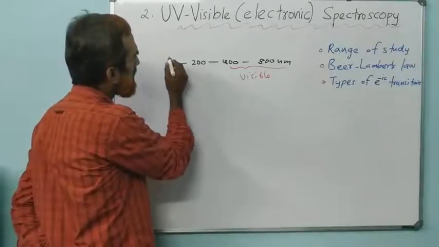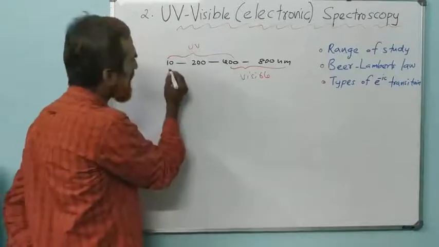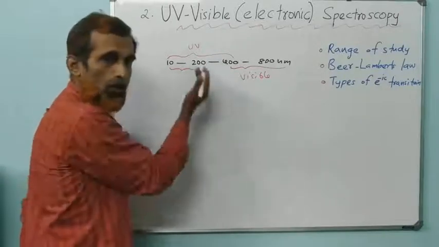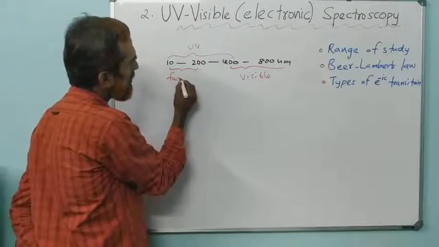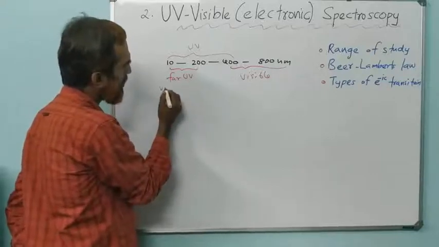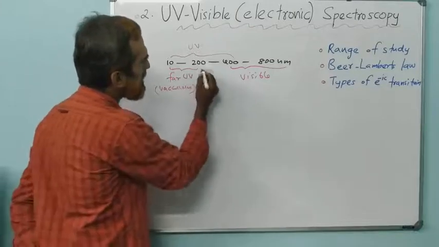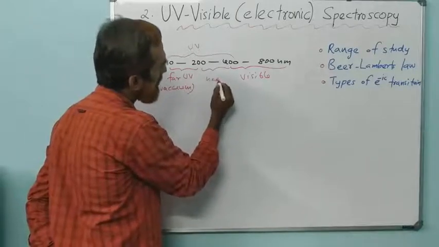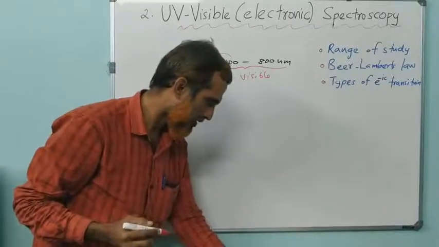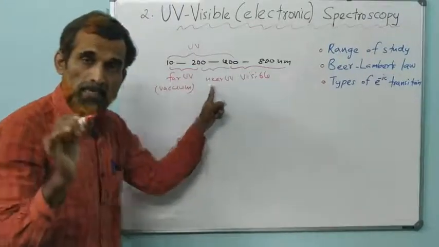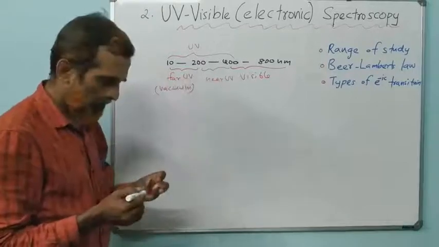And this much corresponds to UV, ultraviolet, which can be divided into two types. Below 200 is called far UV or vacuum UV, and this is near UV. So near in the sense near to the visible range, far from visible range.